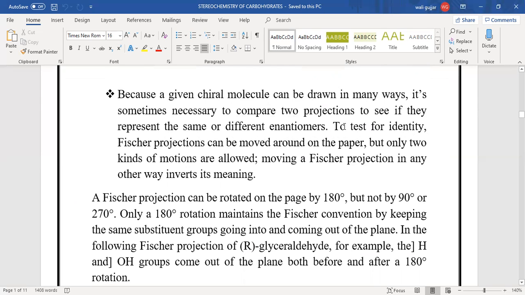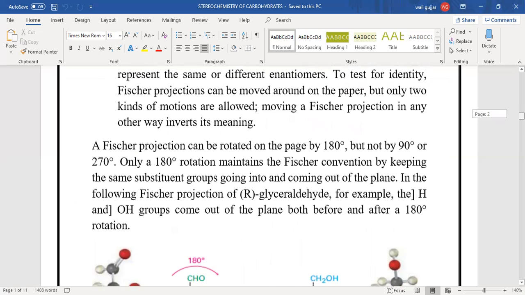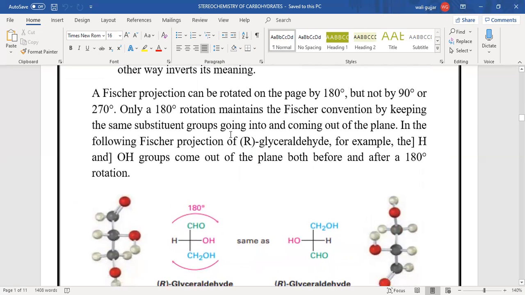To test for identity, Fischer projections can be moved around on the paper, but only in two kinds of motions. Moving a Fischer projection in any other way inverts its meaning. So we see the two kinds of motions which are allowed. A Fischer projection can be rotated on the page by 180 degrees but not by 90 or 270 degrees.